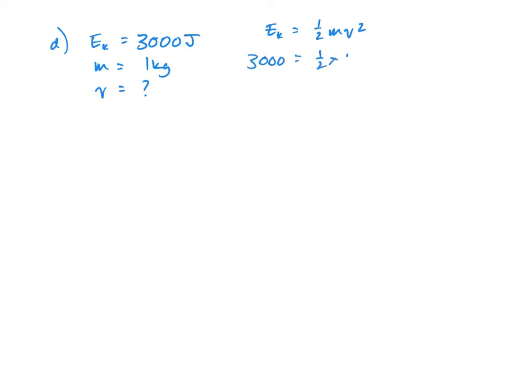And then for D, we'll just do a similar calculation. We'll assume that all of that EP transfers to EK. So EK is 3,000 joules. The mass is 1 kilogram. And we're being asked v. So the formula links these together. And just like we did before, simplify what you can.